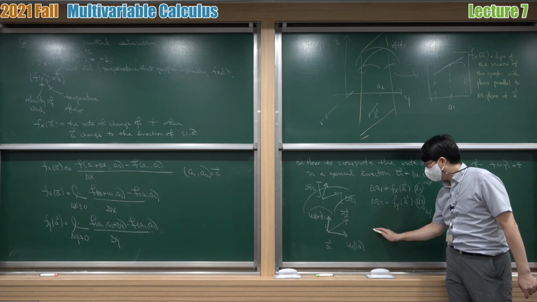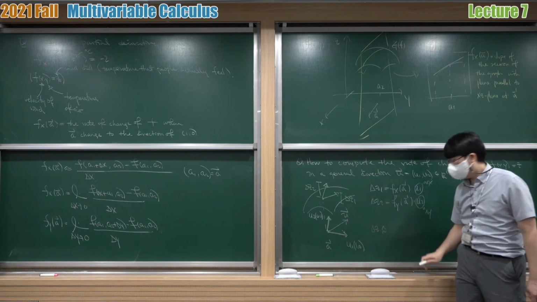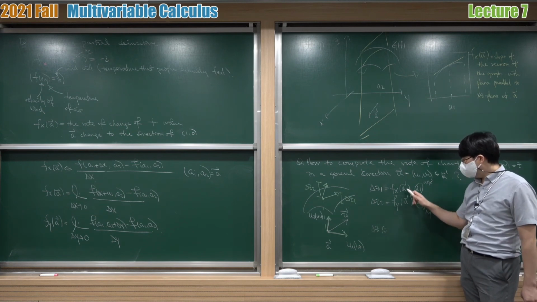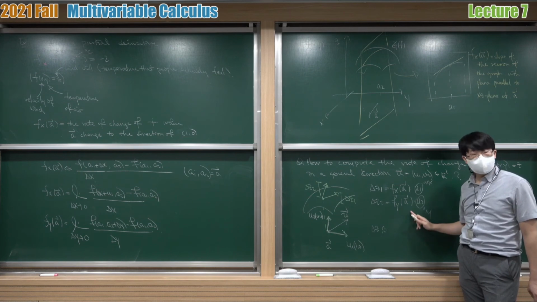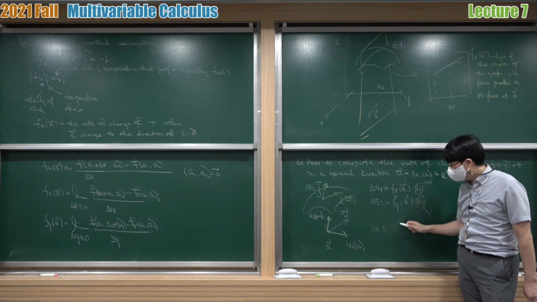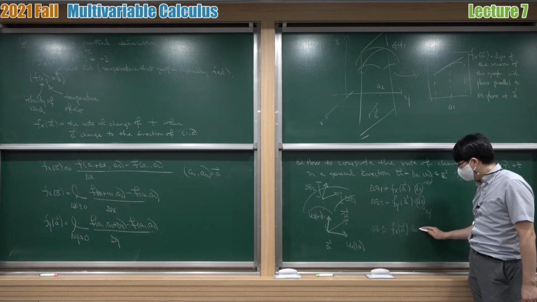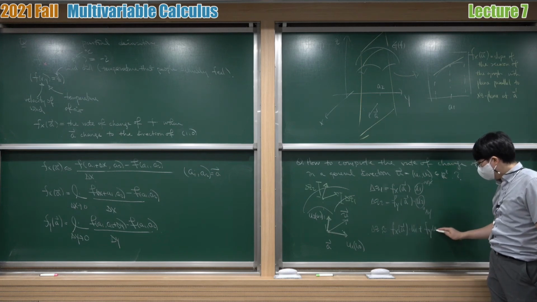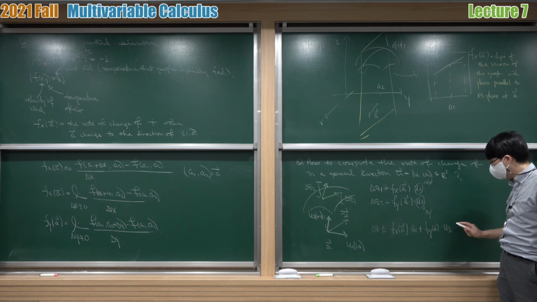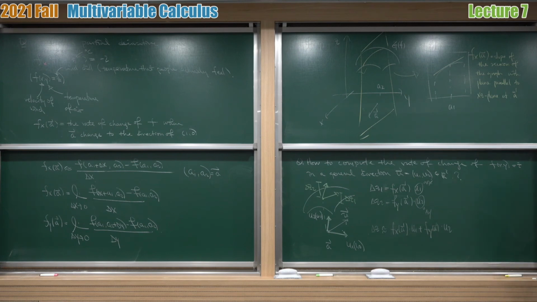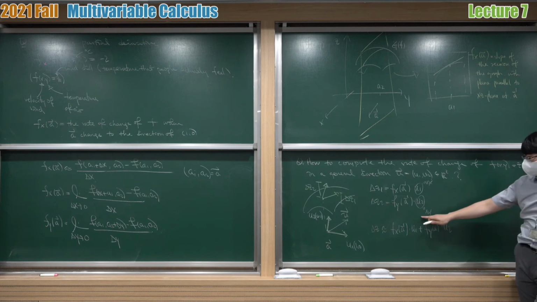So my approximate change of z value should be the sum of these two changes: f_x at A times u1, plus f_y at A times u2, right?